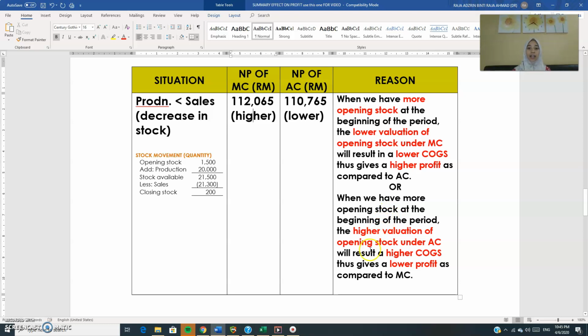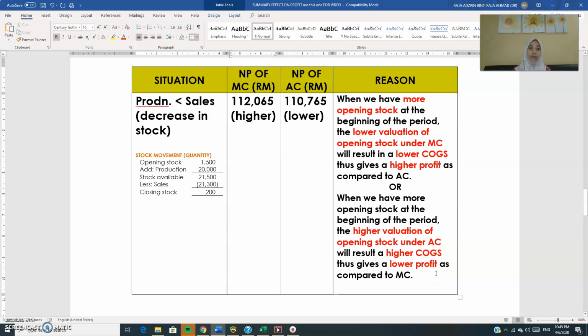The higher valuation of opening stock under AC, in this case 15.25, is higher compared to your 14.25 just now. So a higher valuation of your opening stock under absorption costing will result in a higher COGS and thus give a lower profit compared to MC.